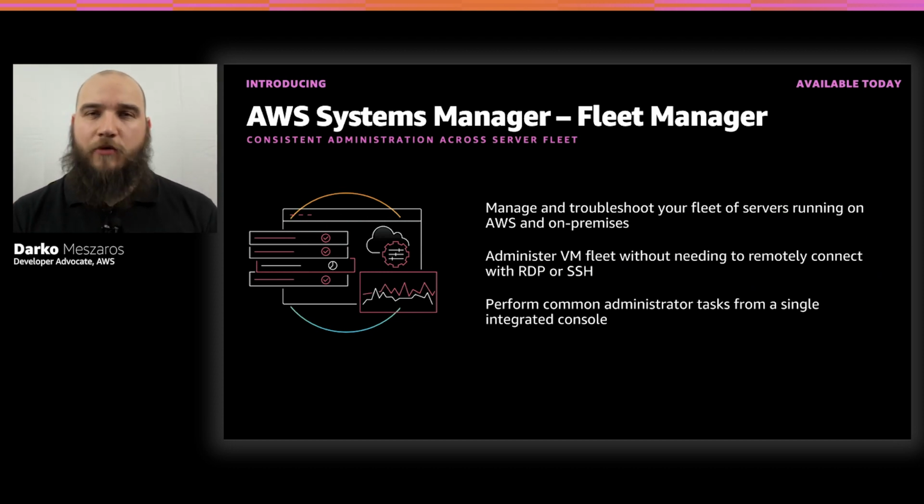Hey, you want to change some registry keys, you want to look at files, or just potentially run a run command or a playbook or a runbook on these instances. You can now do it with AWS Systems Manager Fleet Manager. It's a great thing to streamline remote administration of your servers. It's available right now. Make sure to check it out. Wonderful service, especially if you have your donut empire with a lot of things happening behind the scenes.